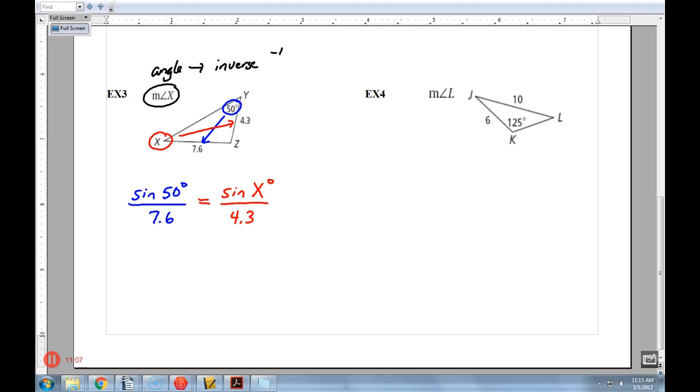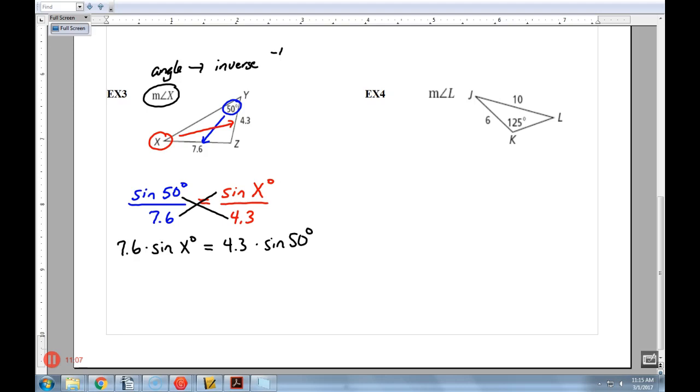So let's go ahead and cross multiply. And I get 7.6 times the sine of x degrees equals 4.3 times the sine of 50 degrees. Well, on the last few problems, I could just divide by a number and I was all set.